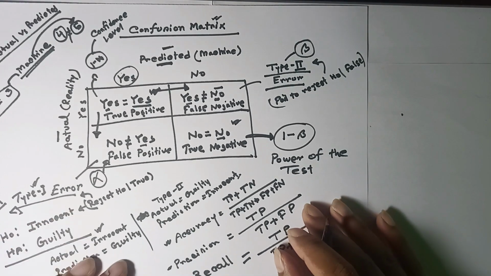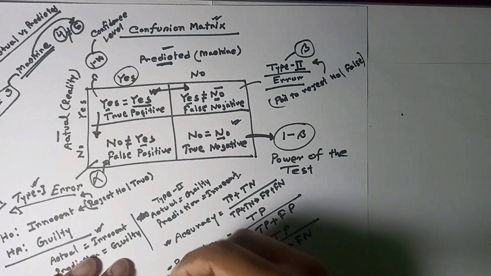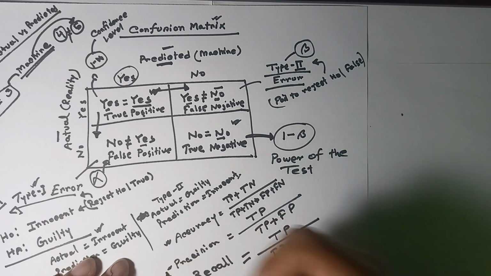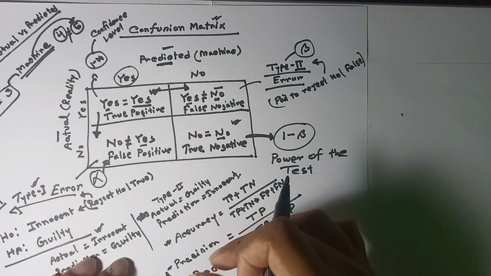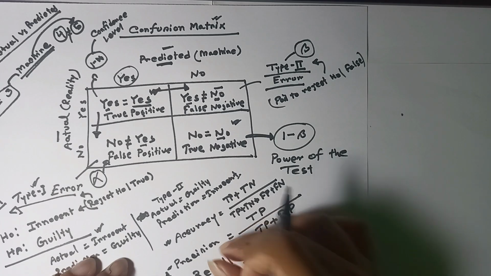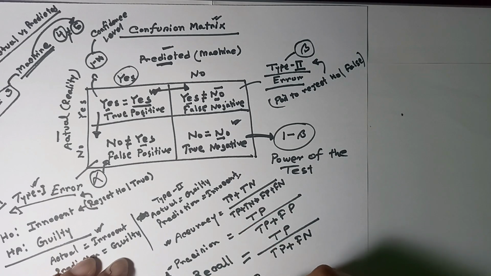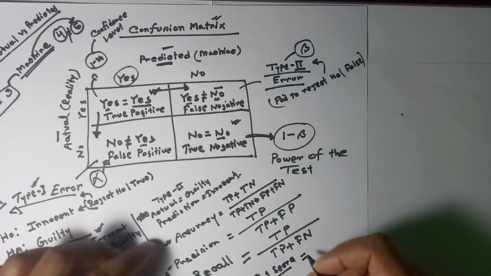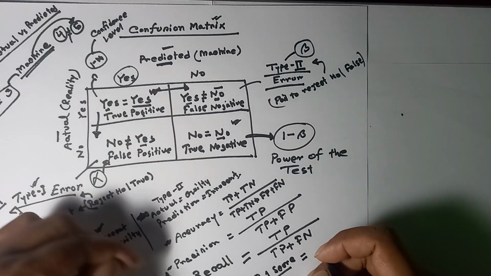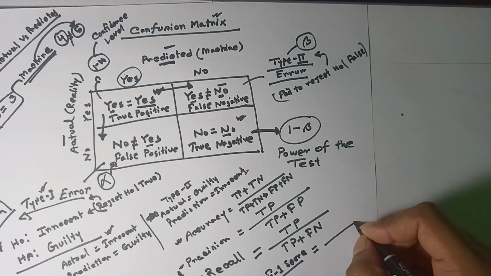And now another important part: we have to understand whether these two are balanced or not. For that, there is another method, the F1 score. This is basically the harmonic mean of precision and recall.